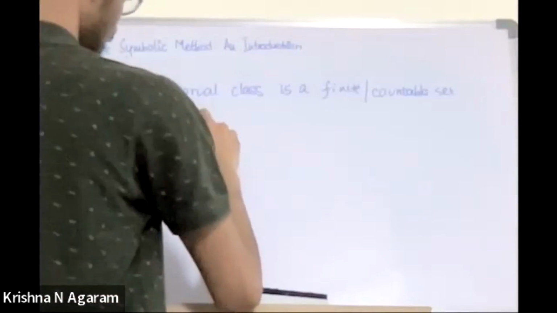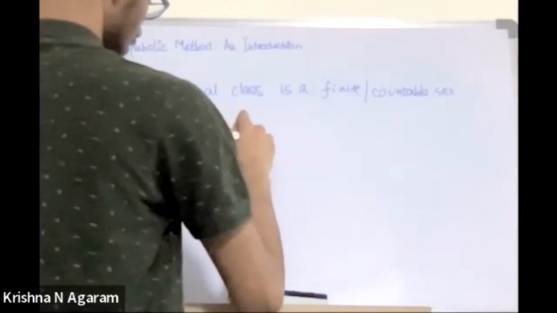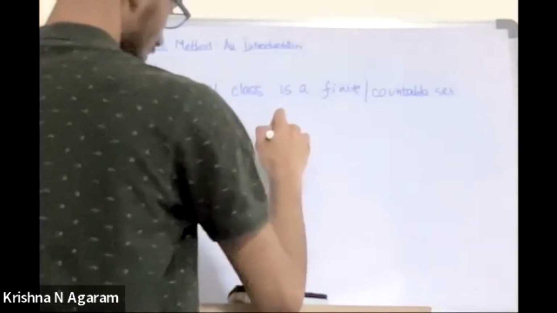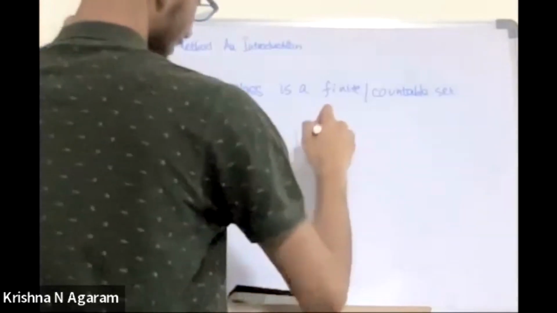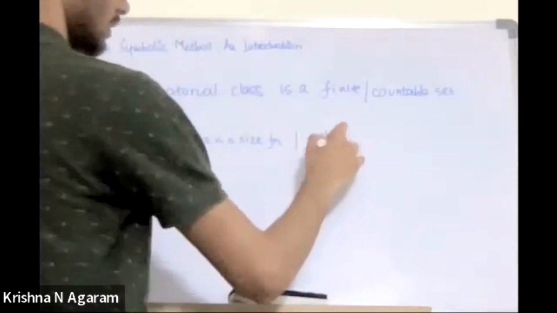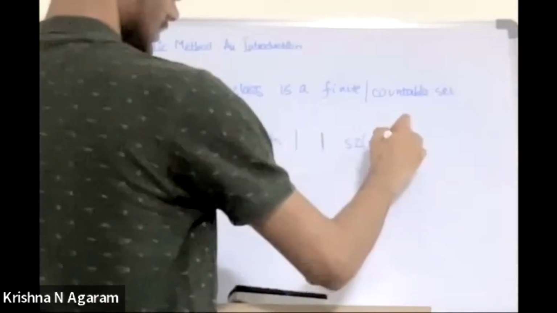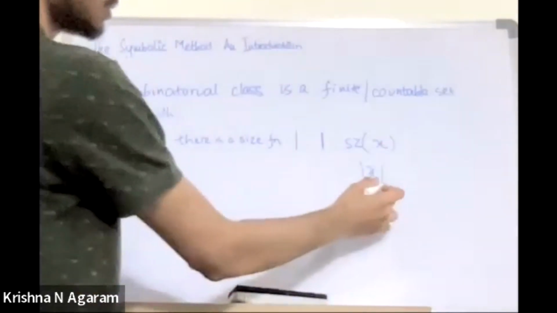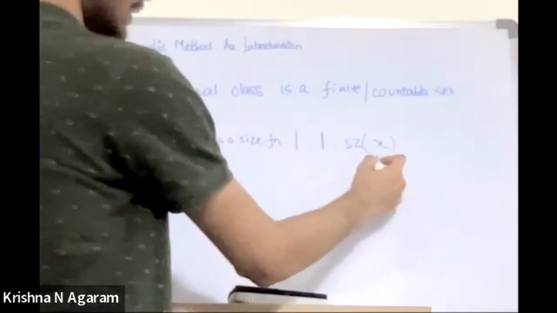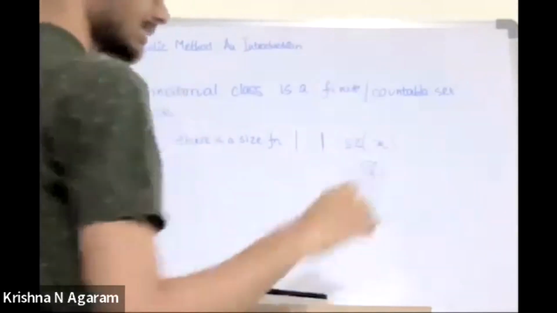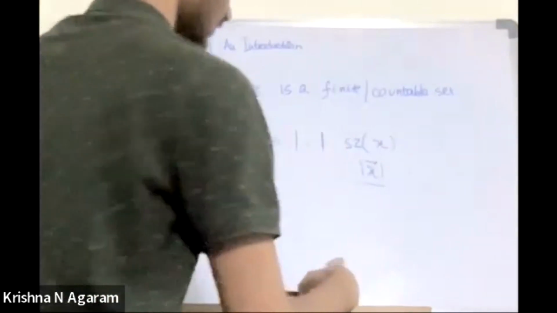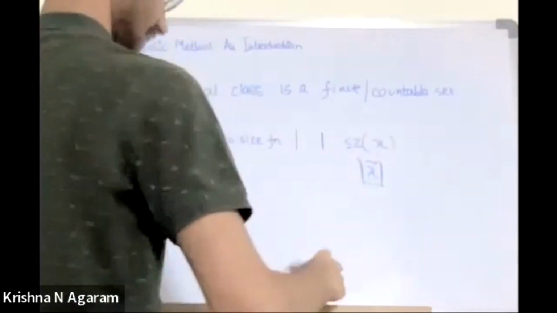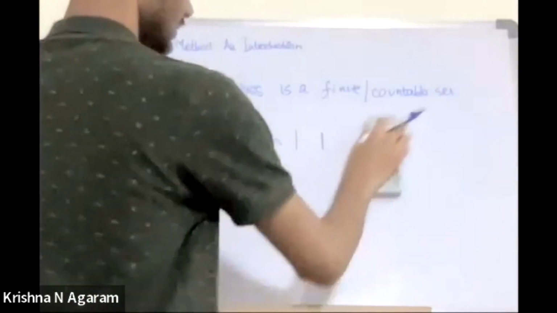A, there is a size function, which I'll denote like this. I could have called it size of x, but I'll call it this because we're just used to it, like for a vector, we are used to this notation to denote length and stuff. So we'll just continue with that.